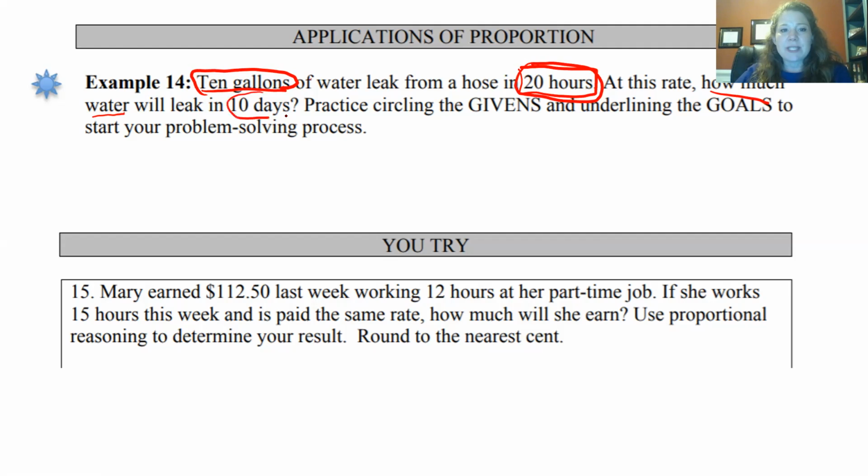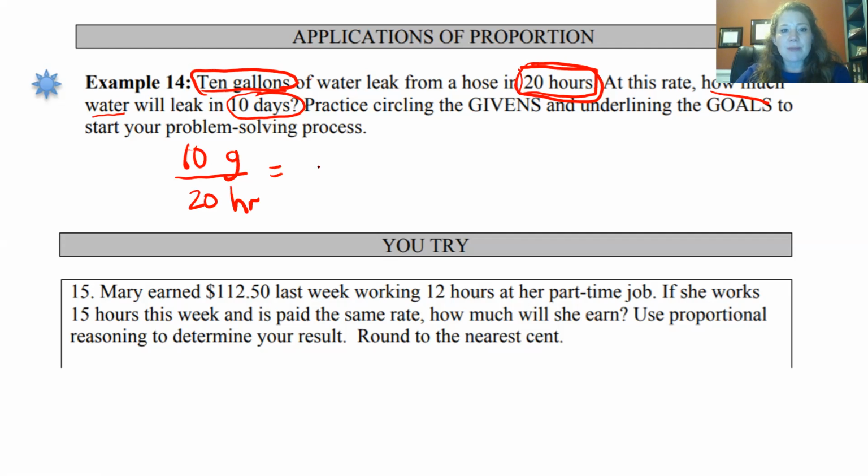Okay, so when we set up a proportion, like I said earlier, you want to have like things together. Since we're trying to find gallons, we already have 10 gallons in 20 hours.